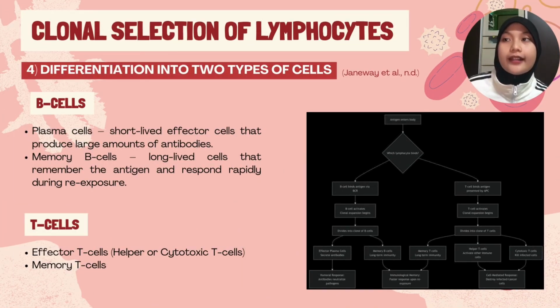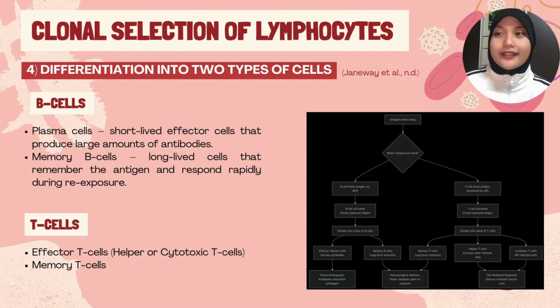This is the last step of clonal selection of the lymphocytes, which we call differentiation into two types of cells. For the B cells, we have the plasma cells and memory B cells.